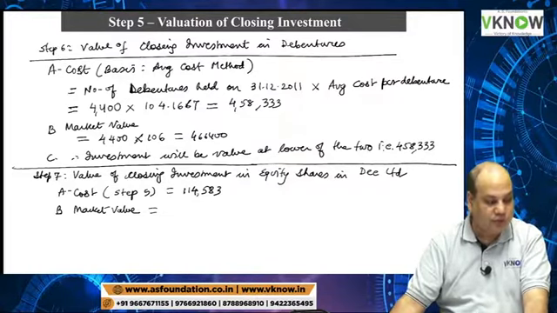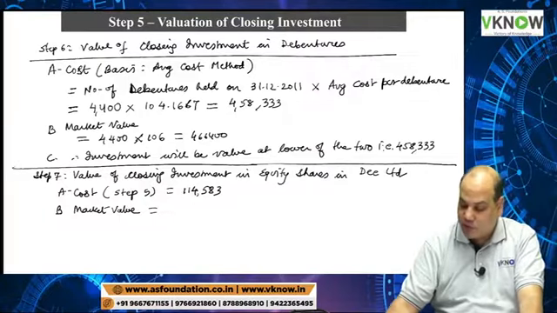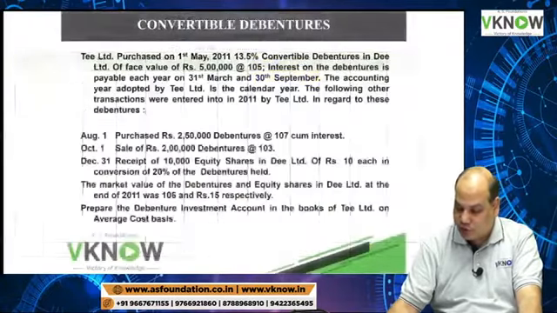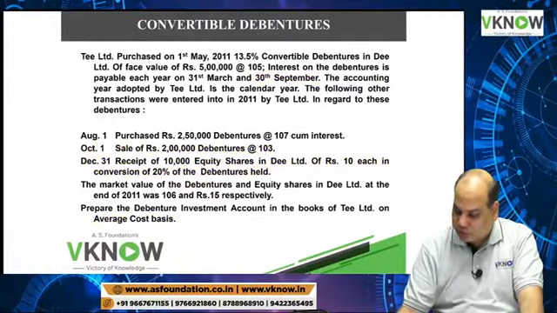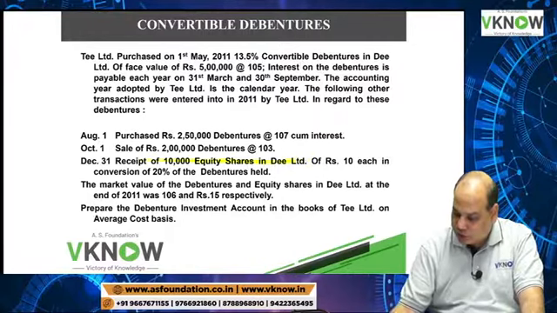Go to your question. In the last 3 or 4 lines, I will show you on the screen. Just pay attention, I am going to highlight something. 10,000 equity shares in D Limited were issued.